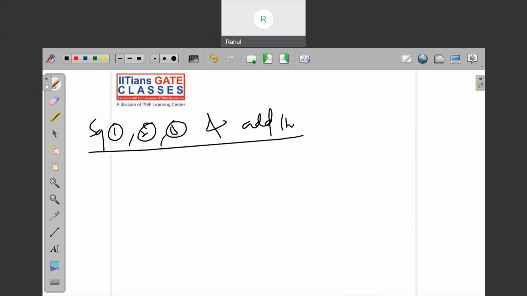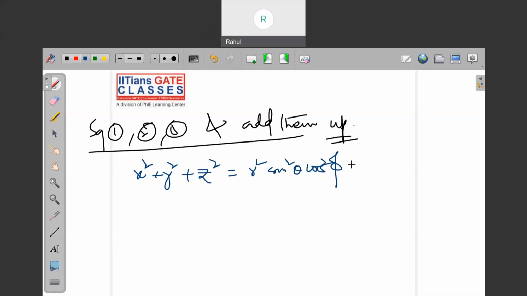So squaring, x square plus y square plus z square will be equal to r square sine square theta cos square phi, plus r square sine square theta sine square phi, plus r square cos square theta.